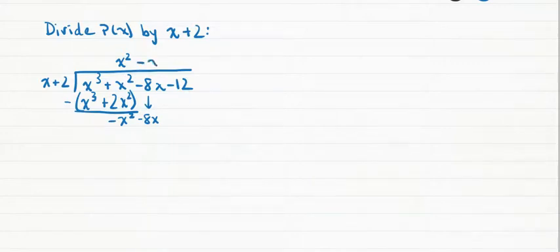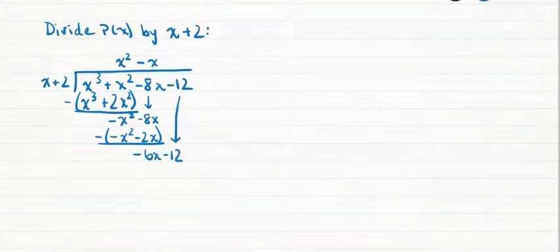Well, that's -x. -x times x plus 2 is -x squared minus 2x, and we subtract. So this one gives me 0, and then -8x minus -2x is -6x, and I bring down the -12.